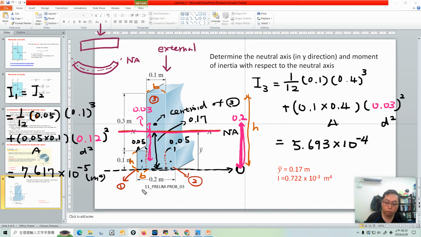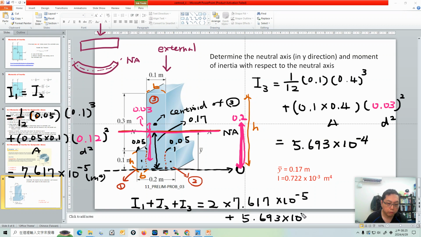So what's the total moment of inertia with respect to the neutral axis? We just add I1 plus I2 plus I3. I1 and I2 are the same, so it's 2 times I1 plus I3. I think that will be your final answer, 7.216 times 10 to the power minus 4 meter to the power 4.